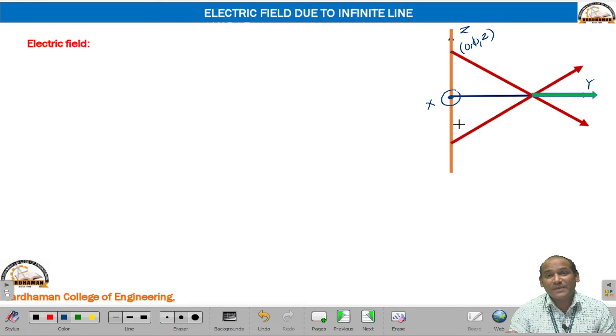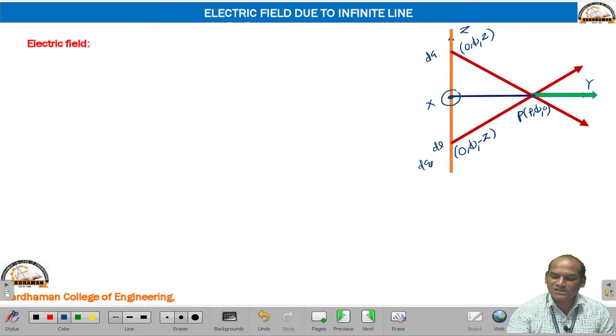And there may be another point below the xy plane at the same distance. That means if you travel z units below, then you will be left with one more differential charge in the differential length dl. Because of this one also, you have an electric field at the same observation point. Our observation point is represented here on the xy plane, that is rho comma phi comma 0, the same observation point.